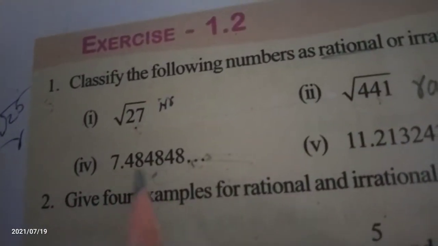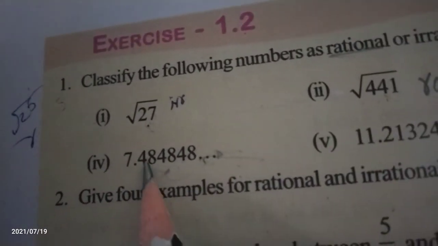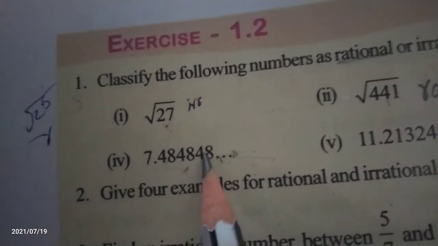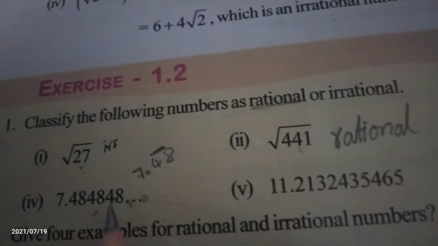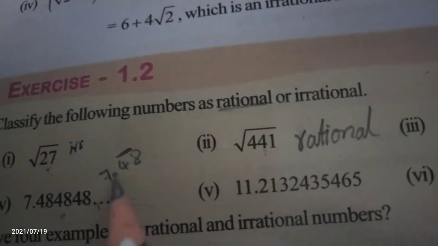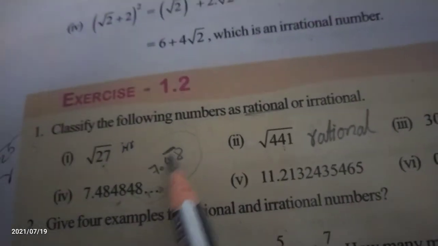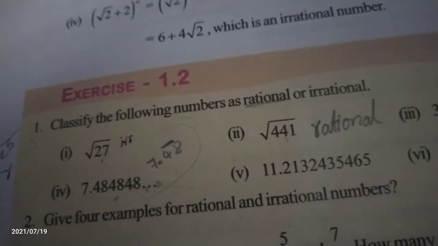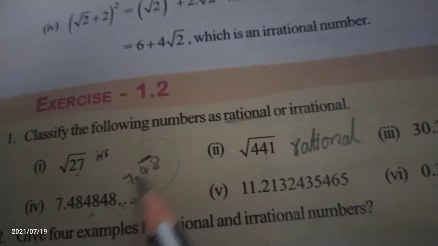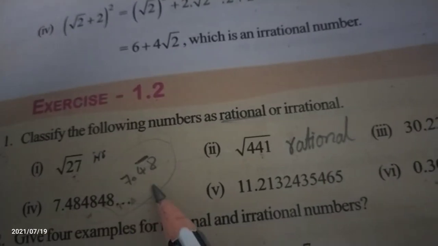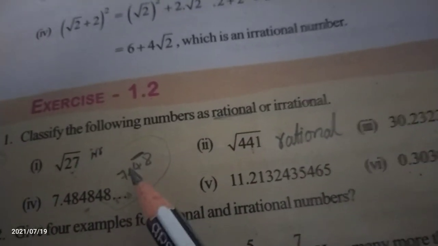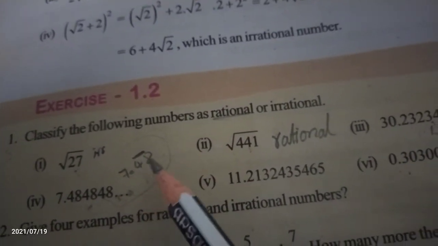Come to this point. So on is there, but it forms some pattern, which means it forms a repeated number. This value can be written as 7.48. This is the process we discussed yesterday, how to convert this value up to p by q form by taking x equal to 7.4848.